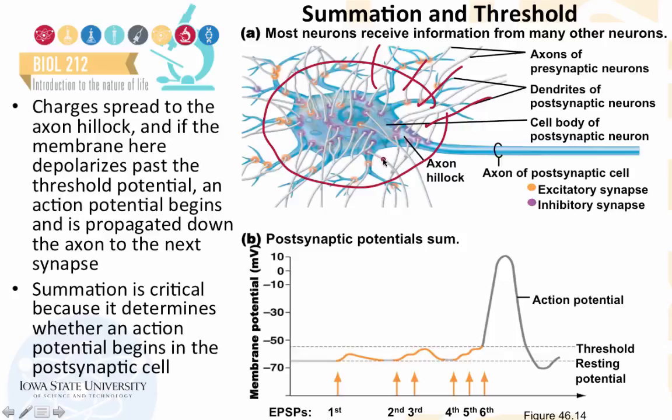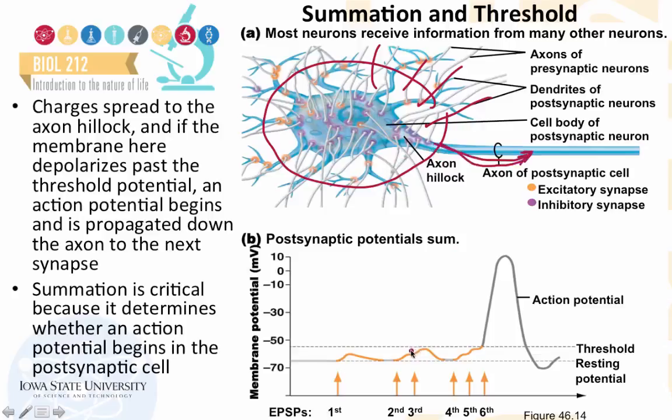The effect of these potentials on this postsynaptic neuron is going to be the sum total of all of these potentials. If the membrane of the postsynaptic cell depolarizes past the threshold potential, an action potential will begin and will be propagated down the axon to the next synapse.